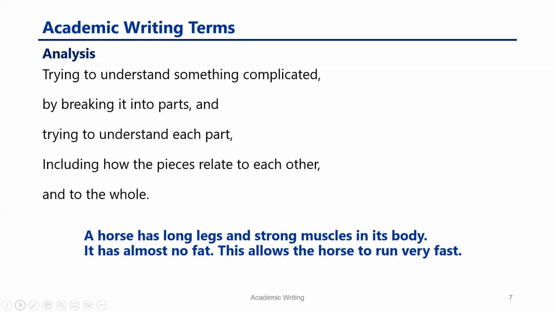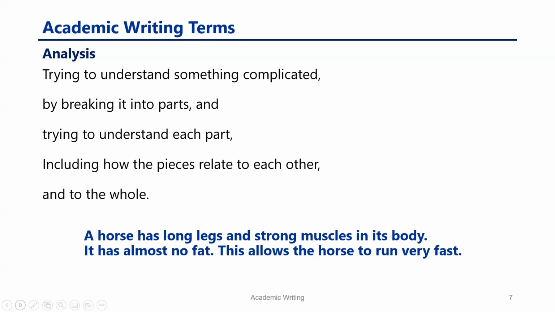So what we just said is actually an example of analysis. Analysis is kind of a complicated idea. And we broke it down into pieces and put each piece in a separate line on this slide to help understand it better.